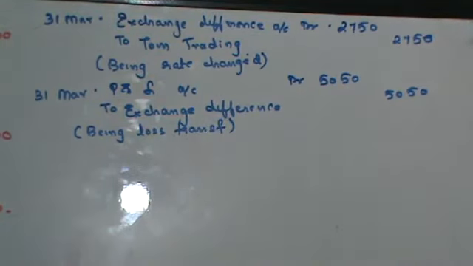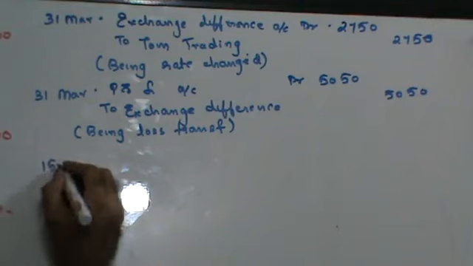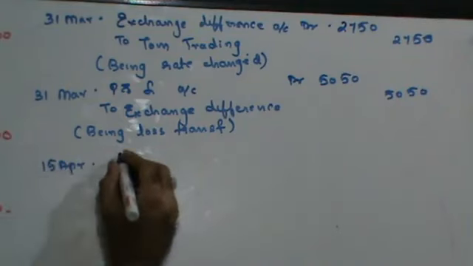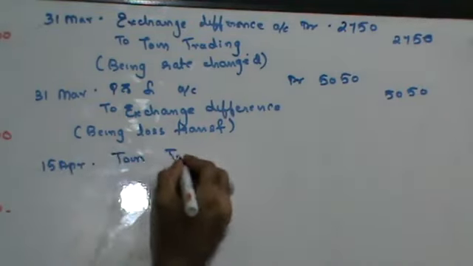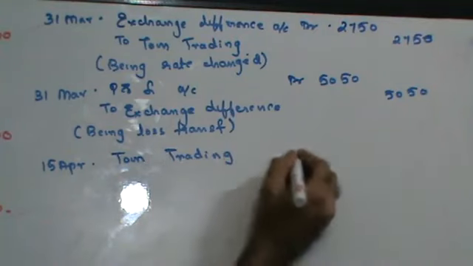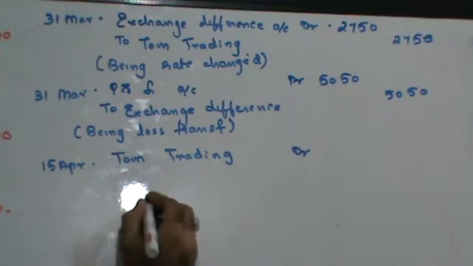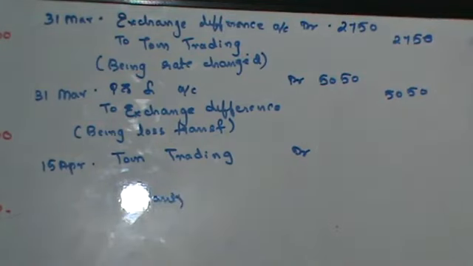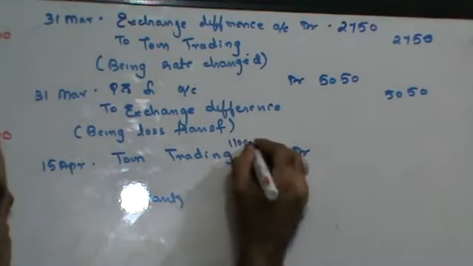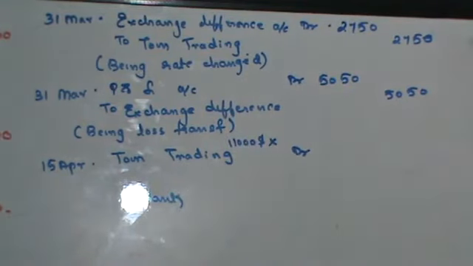Next, the last payment you have to make. You have to make a payment on 15th April. Right? Debit the receiver. Tom Trading account debit to bank. You have to make a payment of $11,000 at 48.6 on 15th April.